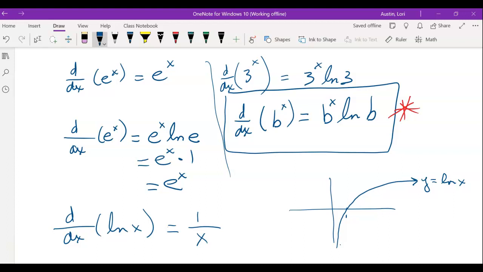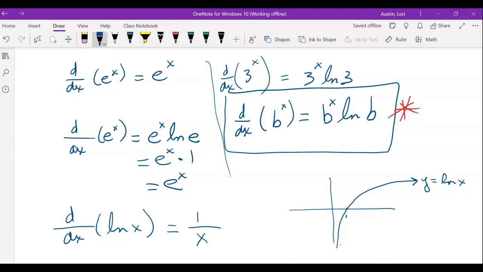The other thing is, is there any point in a natural log function, y equals ln x, where you are going to end up with a 0 slope? No. So not only is it always positive, it's also never going to touch 0. And they happen to be equal to each other. When does the derivative and the function equal each other?